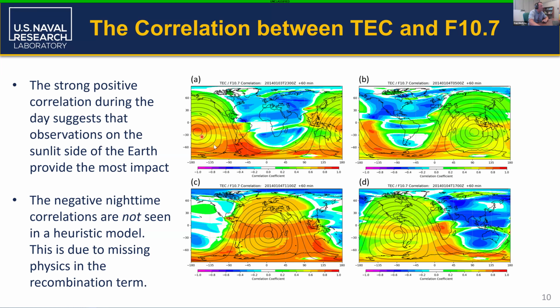You see that there's a positive correlation during the daytime, and an interesting negative correlation at night. Large F10.7 values actually enhance your recombination rates, and then you get more damping at night, which is an interesting result. So this means, yes, definitely TEC observations have a lot of information about F10.7.